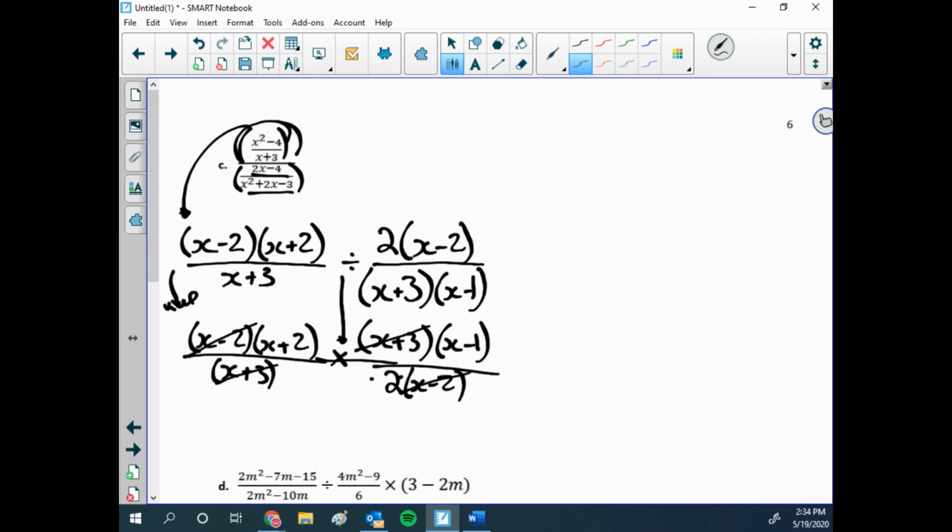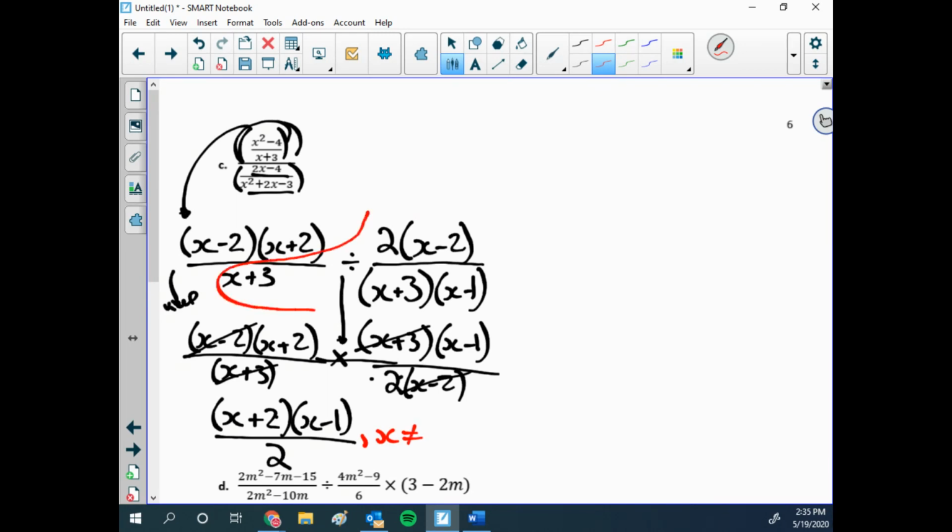So on the numerator, I'm left with x plus 2 and an x minus 1, all over 2. Okay? Can't cancel these 2's out because this is an x plus 2, not just a 2. So that's as simplified as this can get. The last thing I would need to do here is include what x cannot equal.